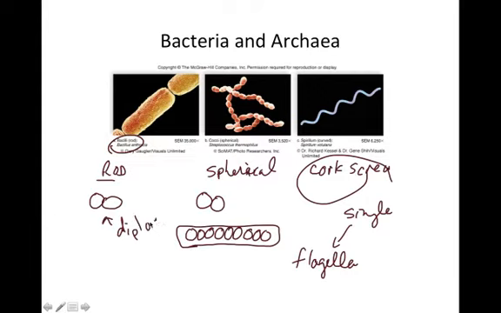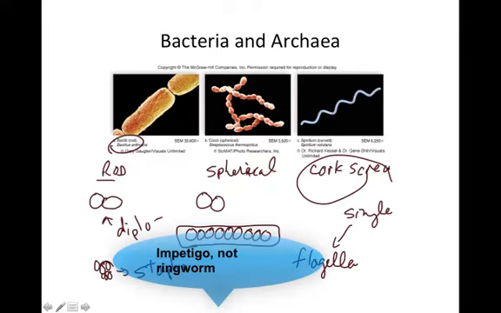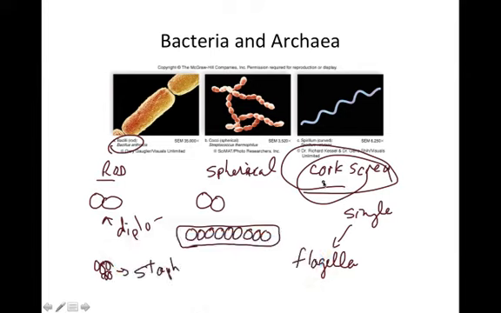You see some adjectives in here. If they grow in groups, that's usually what they mean by staph. Or you might hear staph infection. That's really a type of bacteria that is going to cause an infection such as ringworm. So they're all single-celled, and they can all join, with the exception of the corkscrew bacteria, the spirillum. They're often going to be just single-celled.